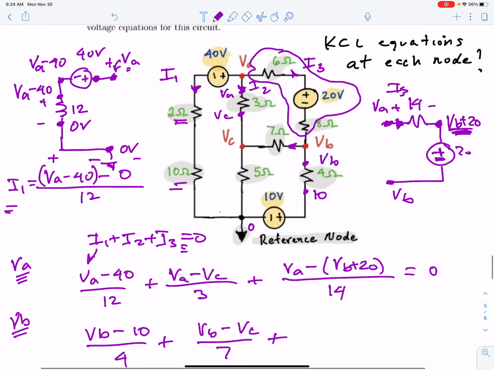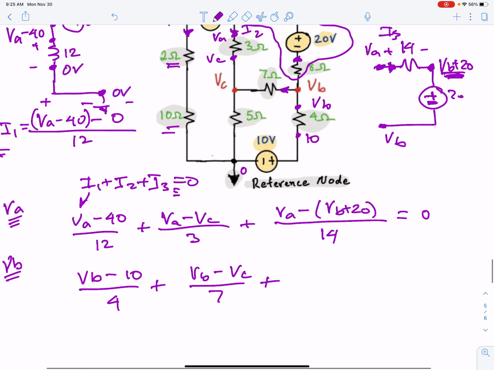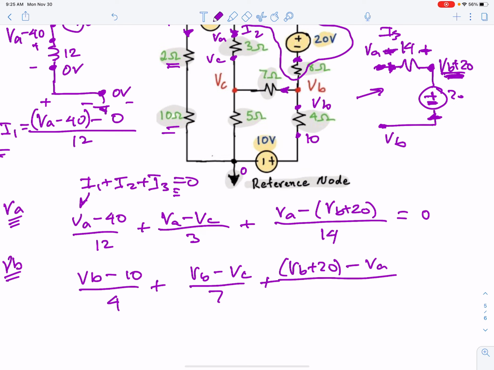Finally, this current coming this way is similar to the circuit I just did, only I'm moving the current in the opposite direction. Looking at this picture, if the current's moving this way, you'd go plus to minus, so it would be VB plus 20 minus VA divided by 14 equals 0.